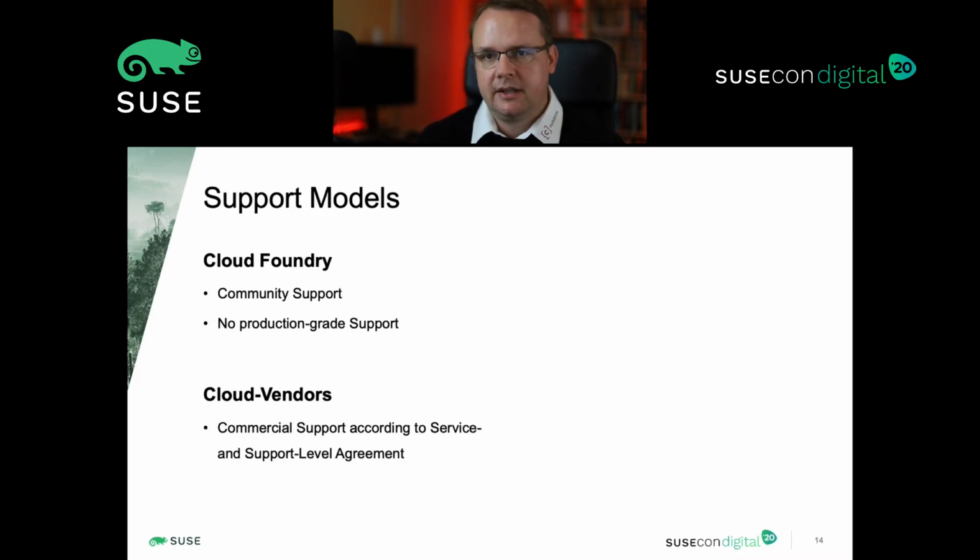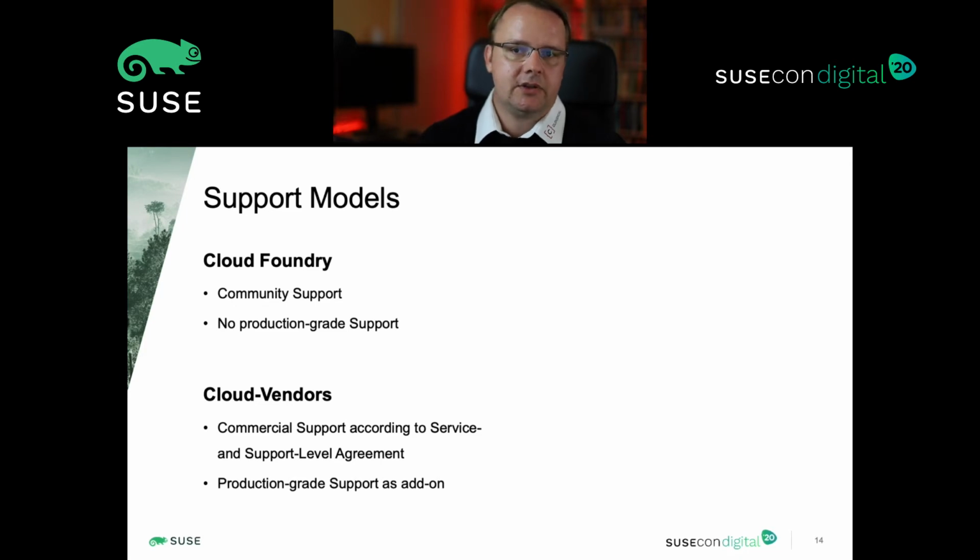Cloud vendors can provide us with commercial support according to service and support level agreements, and they can give us production-grade support as an add-on. So you can basically invest a lot of money into their support and get answers within an hour or so, depending on your service level agreement.